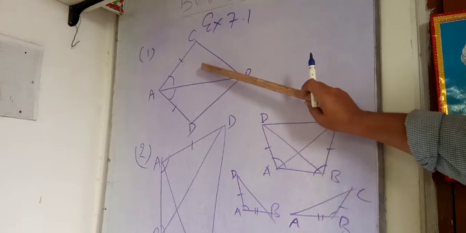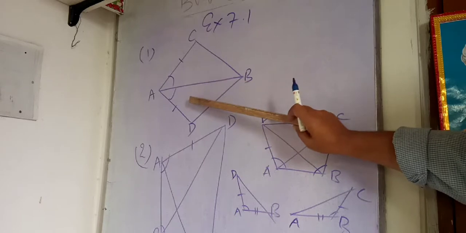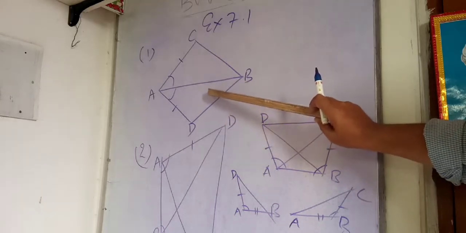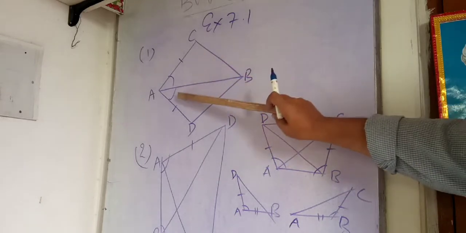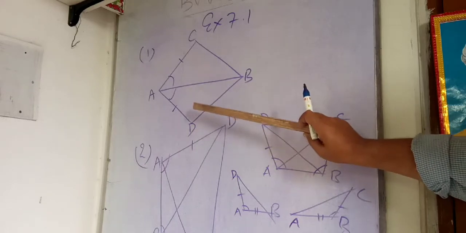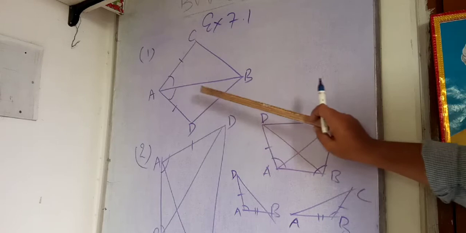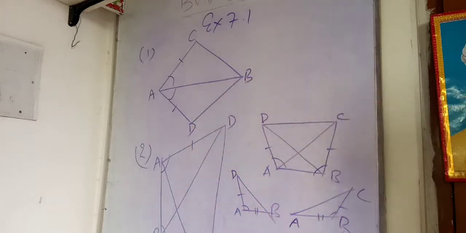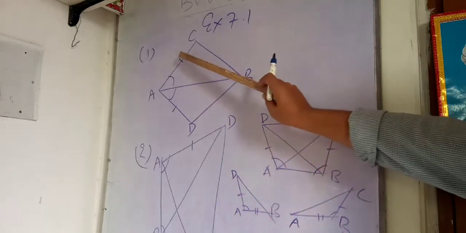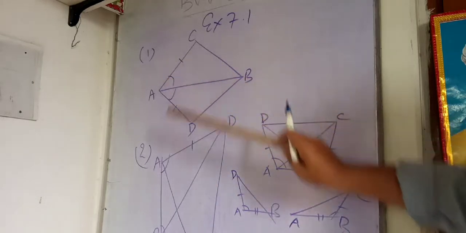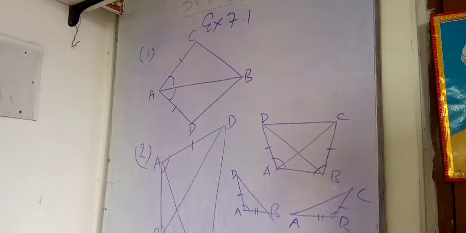That's why you will write in triangles ACB and in triangle ADB, AC equal to AD, angle CAB equal to angle DAB, and AB equal to BA. So therefore, by side, angle, side, SAS, both these triangles will be congruent.